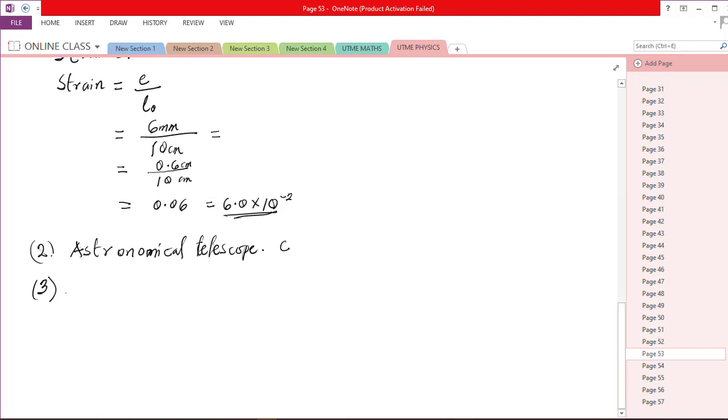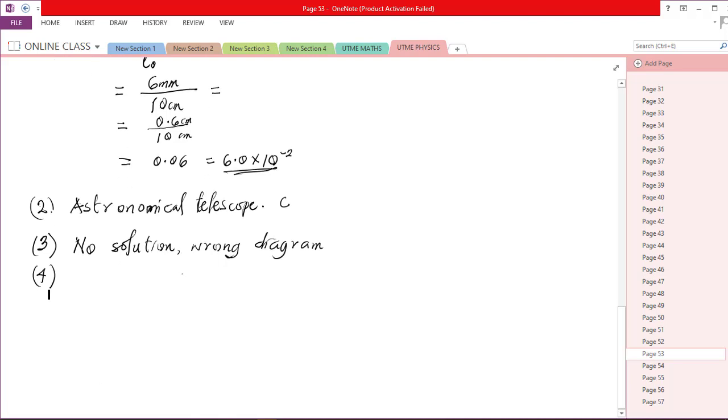In number 3, we have no solution as we have a wrong diagram. Perhaps if I see the right diagram, I will give you the solution to the question. Those who printed it or tried to get the question, they didn't get the right question.